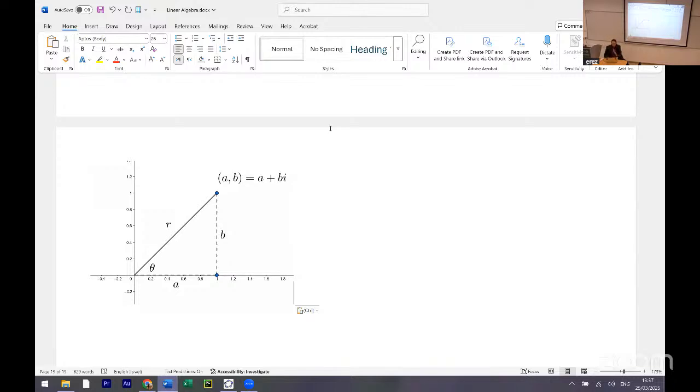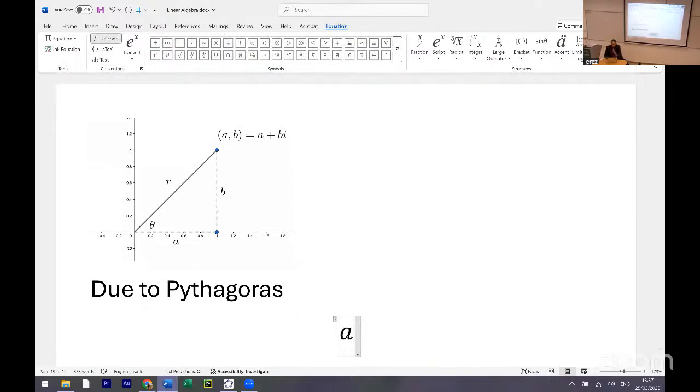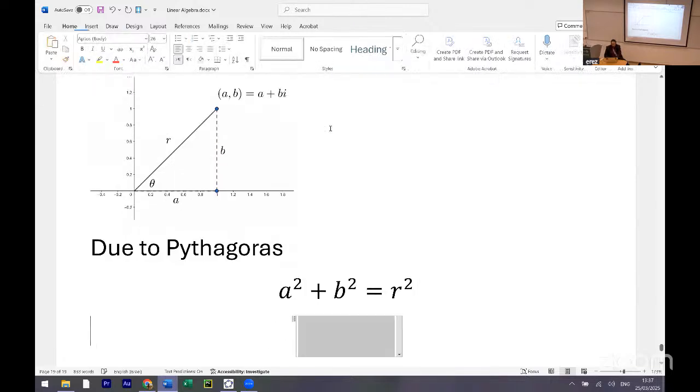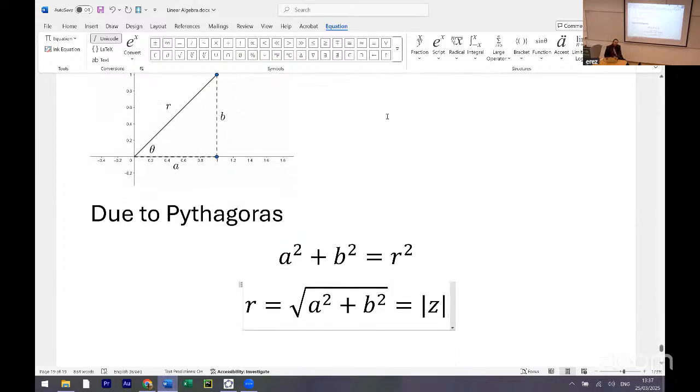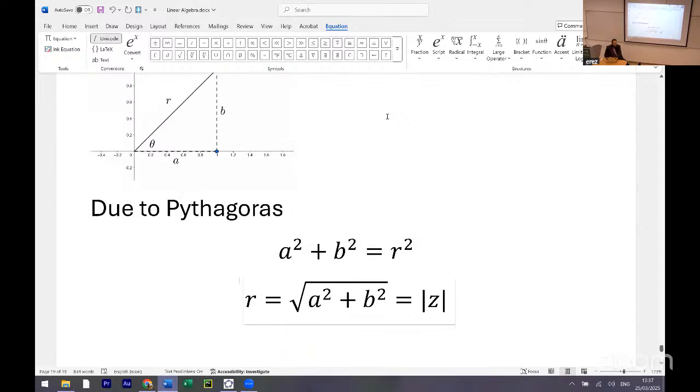Due to Pythagoras, a squared plus b squared equals r squared, and therefore r is the square root of a squared plus b squared, which is the absolute value of z, right? So getting the r is just as easy. The angle is the only problematic part of the whole thing, okay?